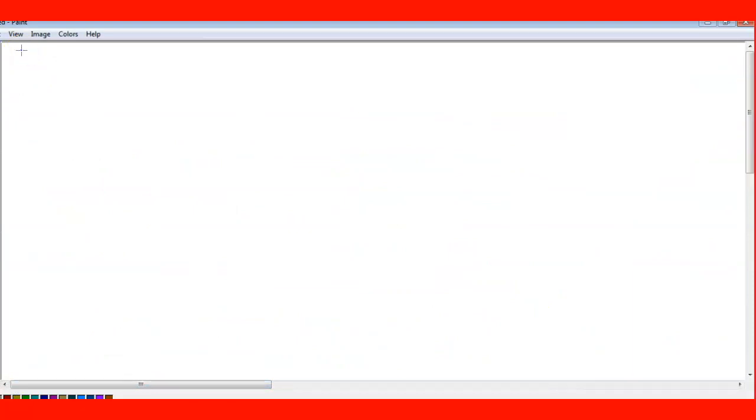Now we'll go to the parallel combination. First, consider the parallel RL circuit.